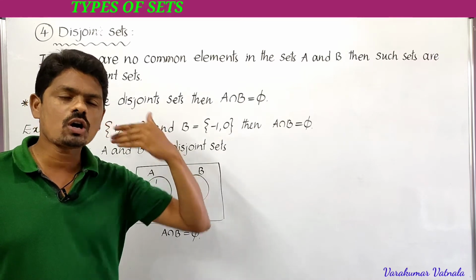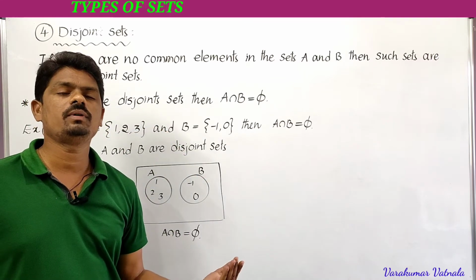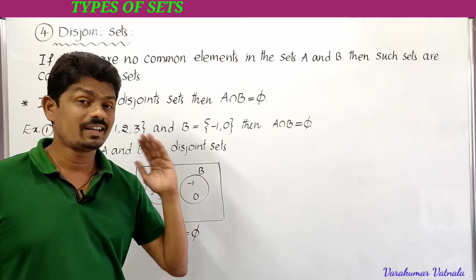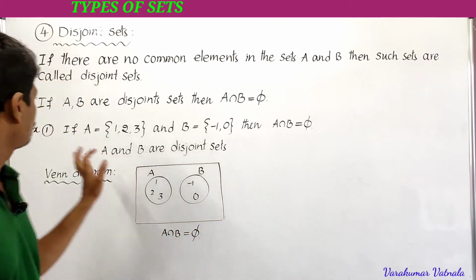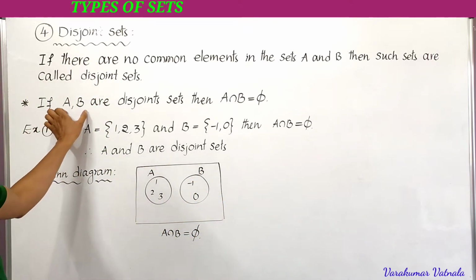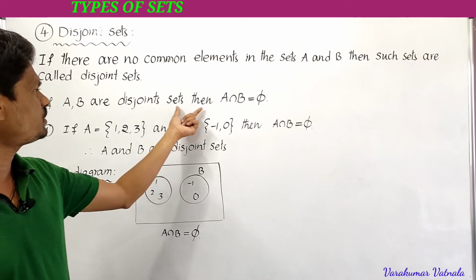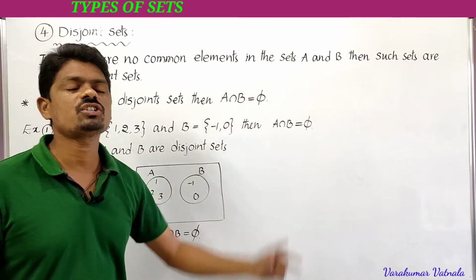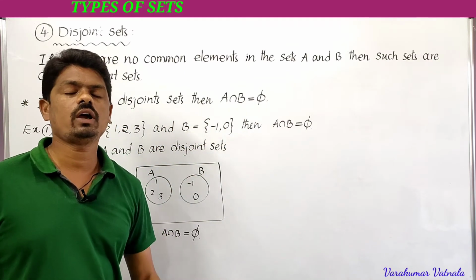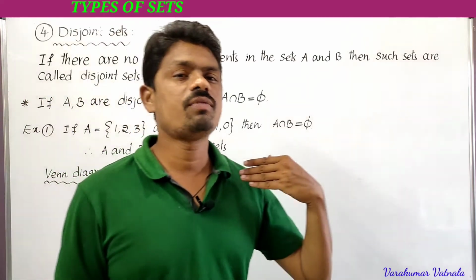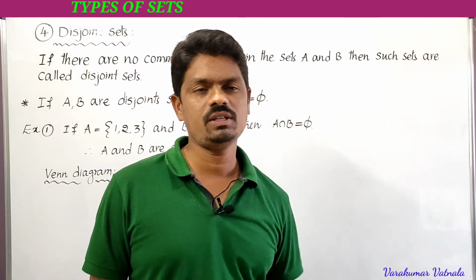If A and B are disjoint sets, then A intersection B is equal to phi. So A intersection B equal to phi means null set or empty set.